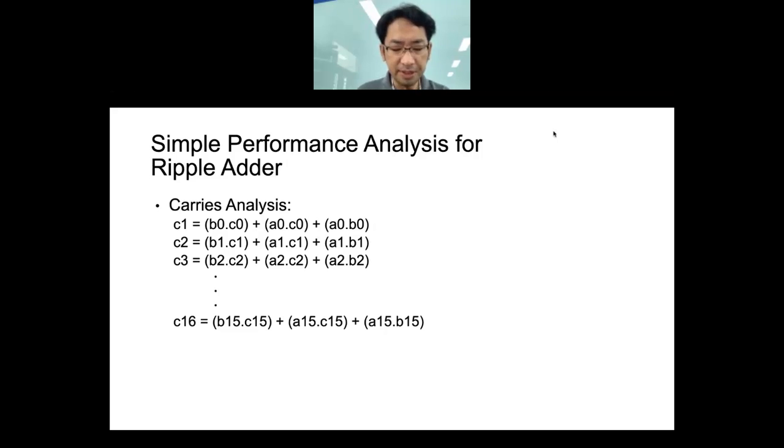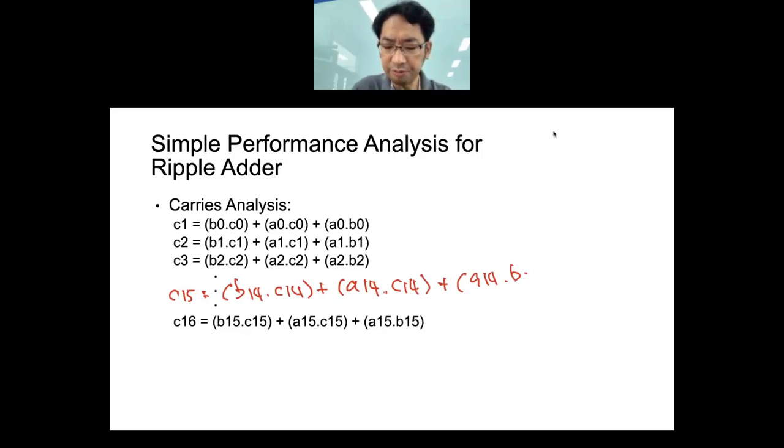What does it mean? It means that in C16, we have to wait for the value of C15. How about C15? C15 just looks like this: B14 and C14, or A14 and C14, or A14 and B14.